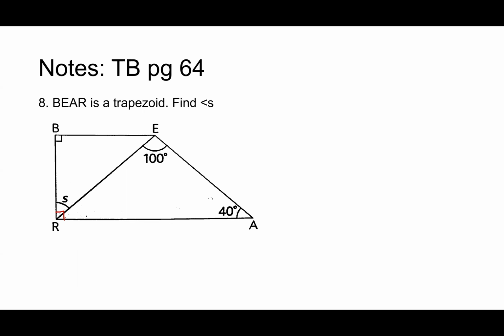Because it's 90 up here? Yeah, but we're not making a box, it's a trapezoid. What properties of a trapezoid lead you to believe that this angle down here is 90 degrees?